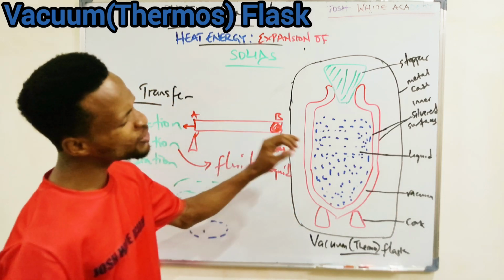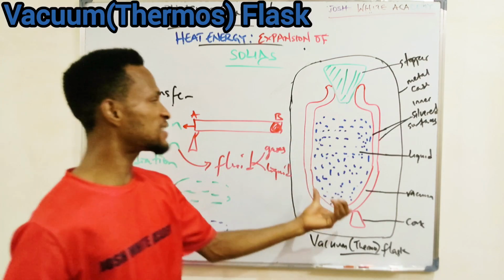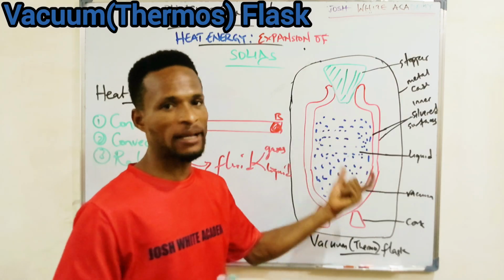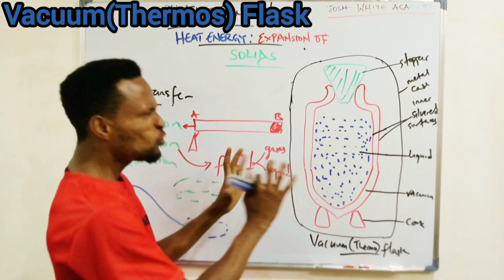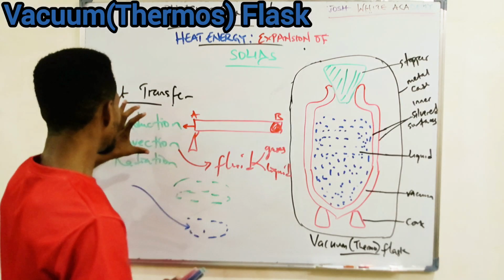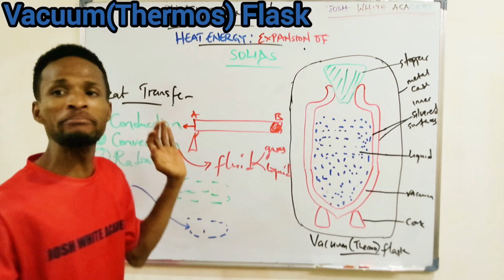That means if I put hot water or cold water in this thermoflask, it remains fairly the same way. And this is due to interruption of these heat transfer mechanisms.